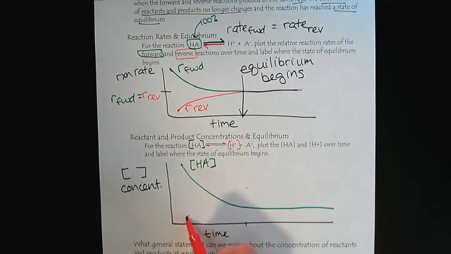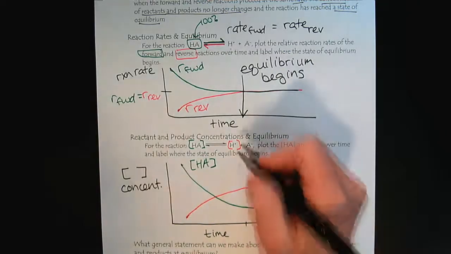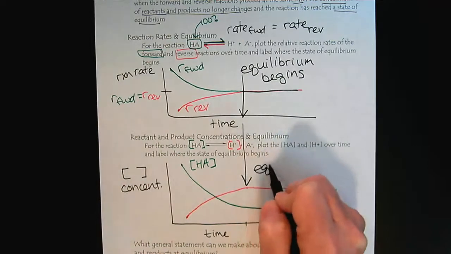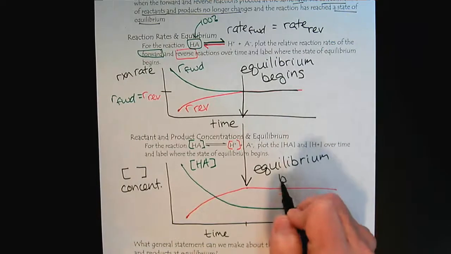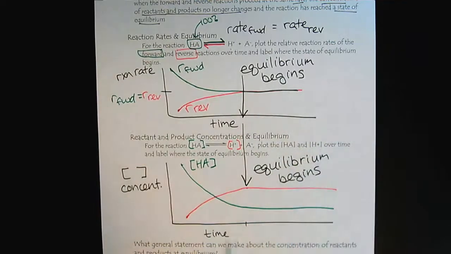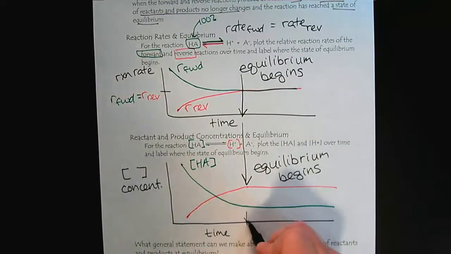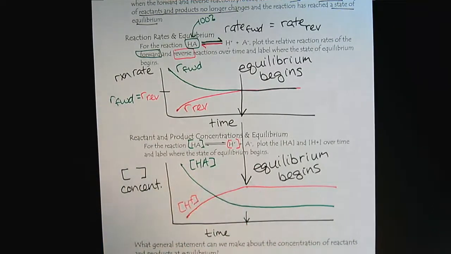The H plus concentration will increase until we've reached equilibrium. Notice we should be at the same spot. So equilibrium begins, or we could say that the system has reached a state of equilibrium. That would be this time here. Remember that this red curve is representing the H plus concentration.